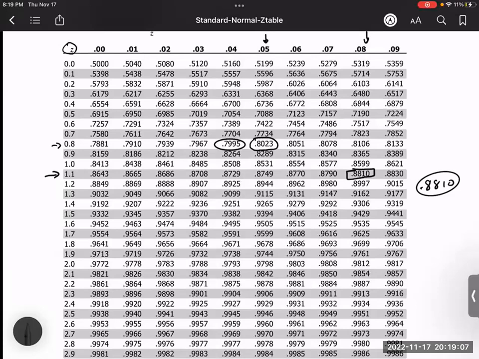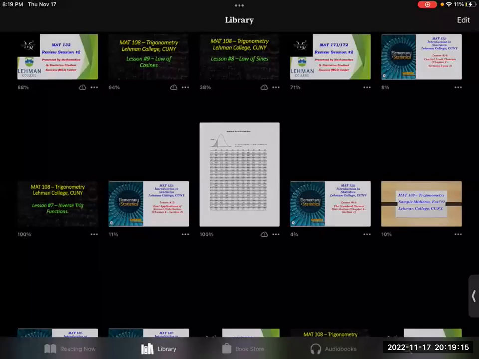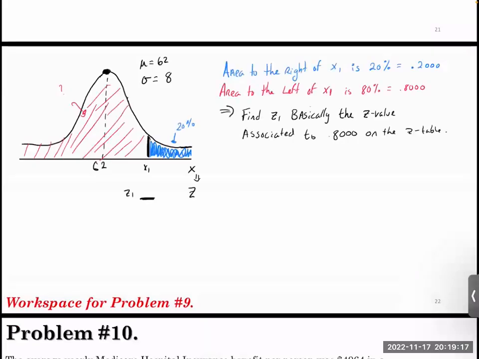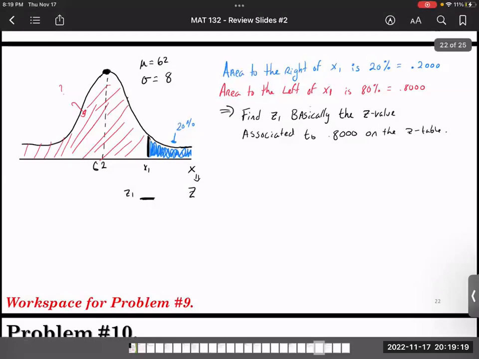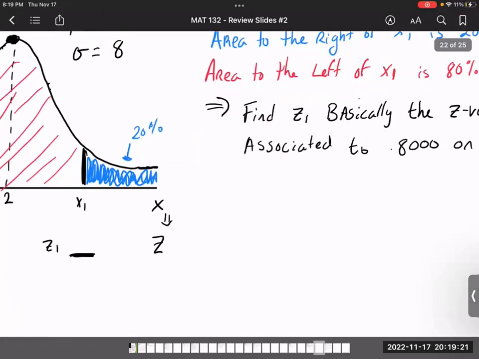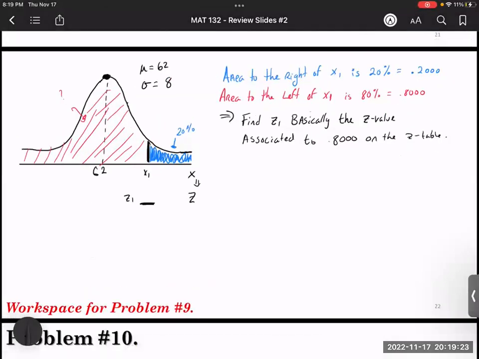So that would have been 0.84. Okay. So we found that z value. So we say that z1 is equal to 0.84.